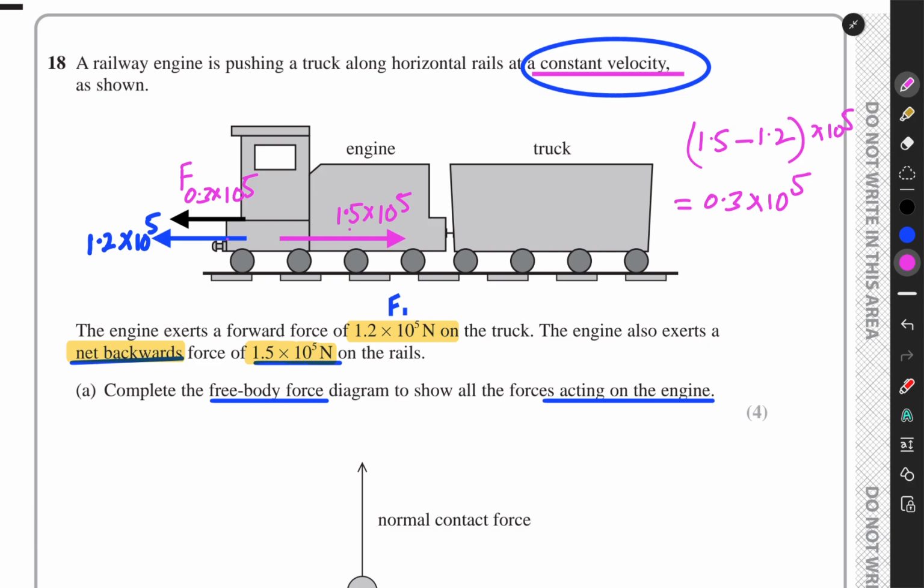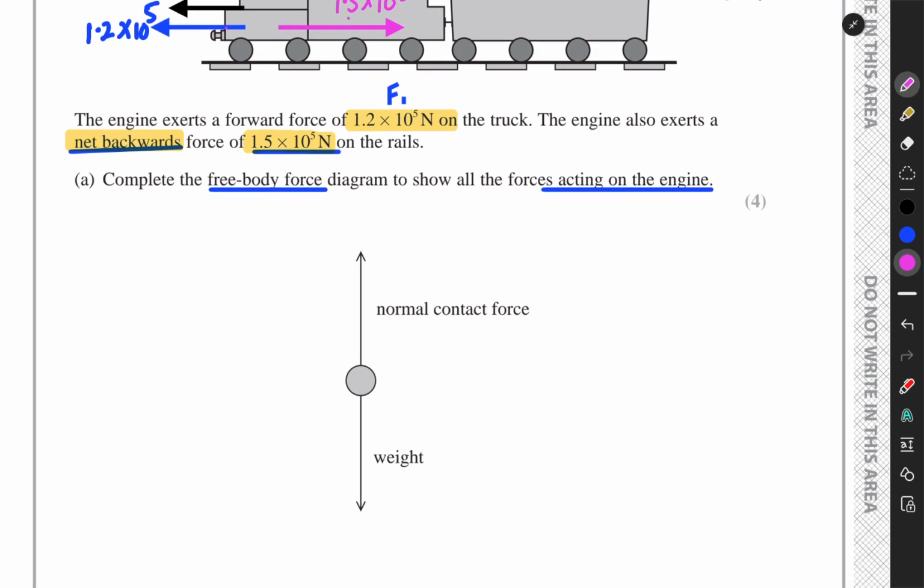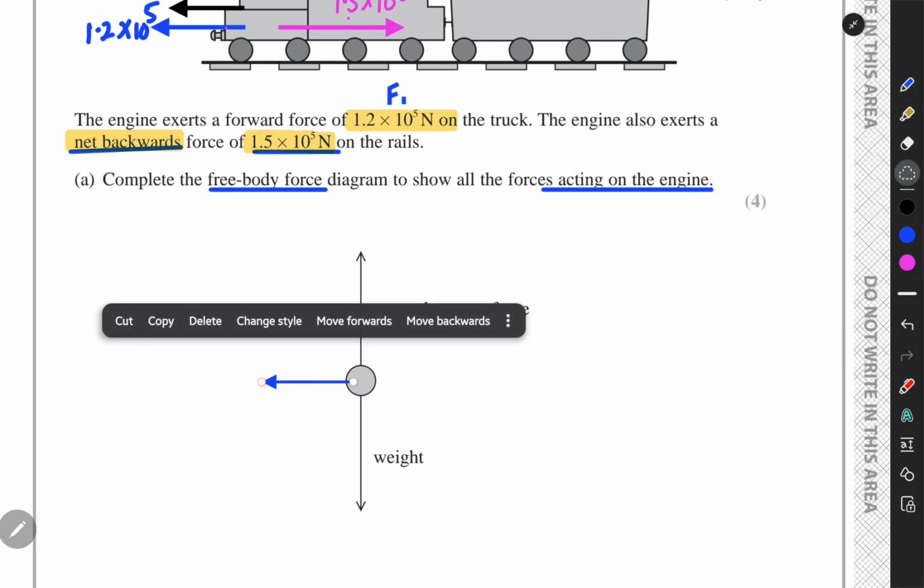If we consider the complete free body diagram, it will have the weight force and the normal force. One force you have to draw is the forward force, and you have to mention 1.2 × 10^5 Newton.